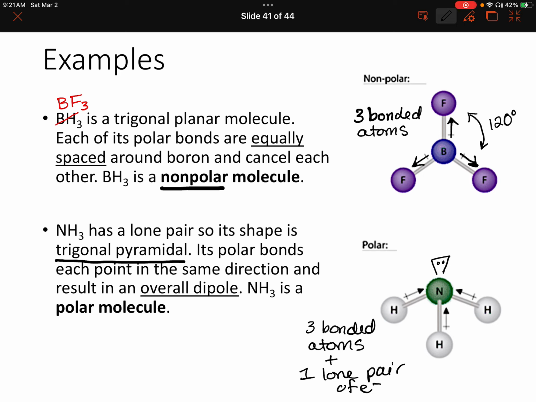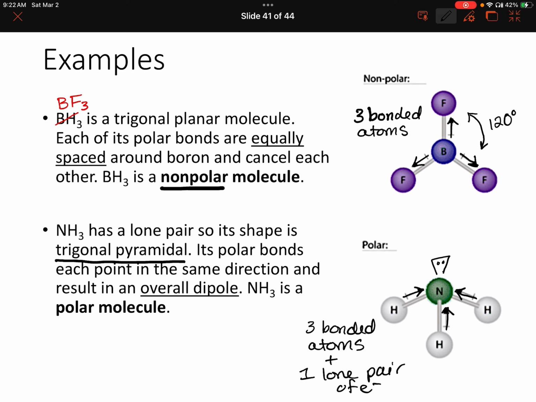Now, if we were to look up the nitrogen and hydrogen electronegativity values, we would find that each of these bonds is polar and nitrogen is more electronegative. So each of those bonds has electrons moving more towards nitrogen because nitrogen likes electrons more than hydrogen.